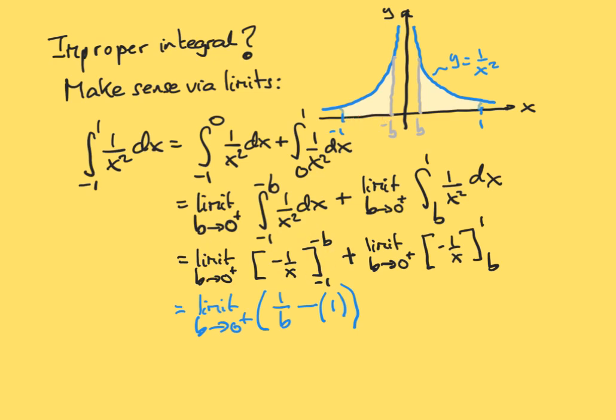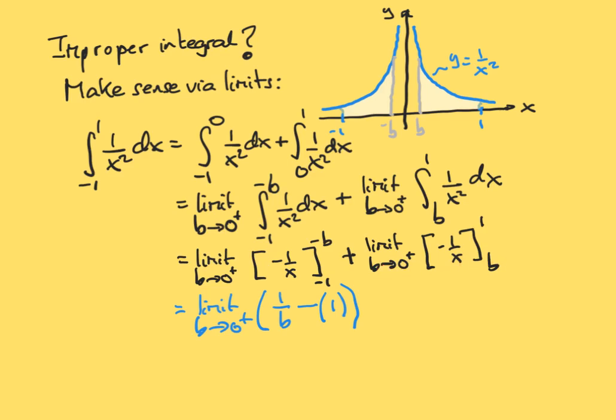Now, just coming back to the integral, this and this look very much the same, and in fact they are the same, because 1 over x squared is the same whether you have positive x or negative x. 1 over x squared we say is an even function. So the result for this part of our integral and the result for this are going to be exactly the same by symmetry. And I'm not therefore going to go through this.